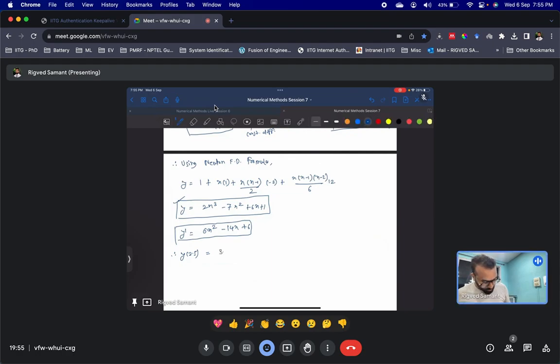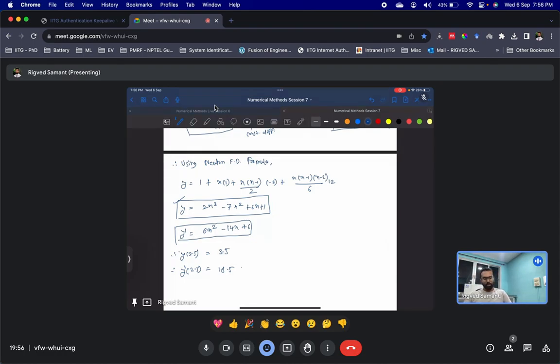This is 3.5 and y dash of 2.5 is equal to 18.5. So this is how you get it.